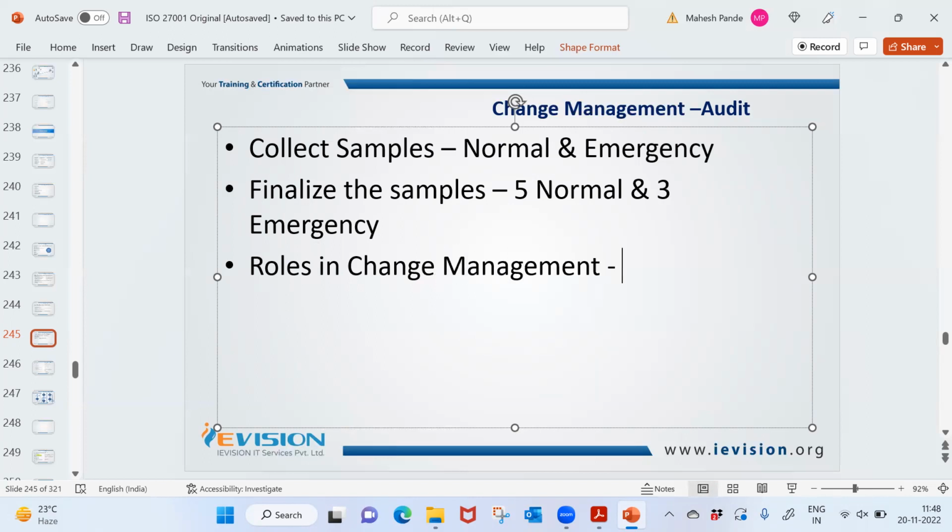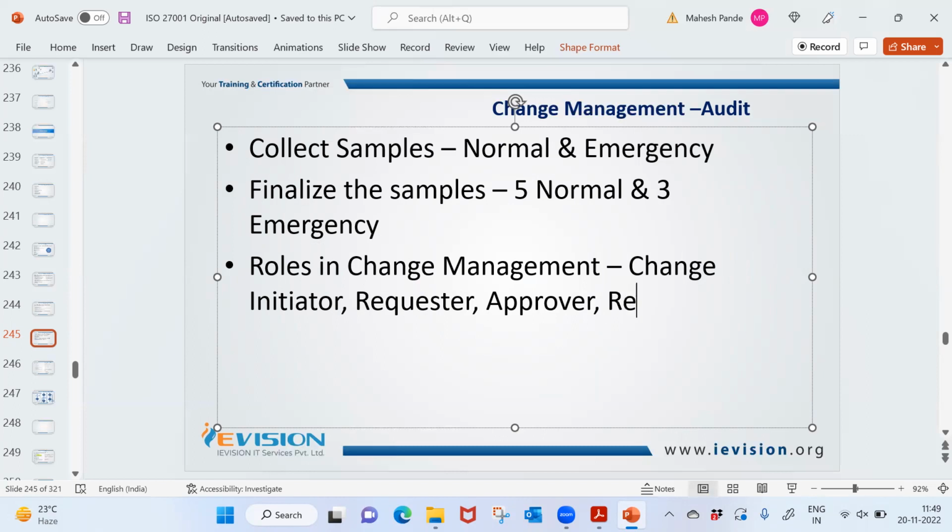Roles can be change initiator, then you have requester, approver, you have a reviewer.